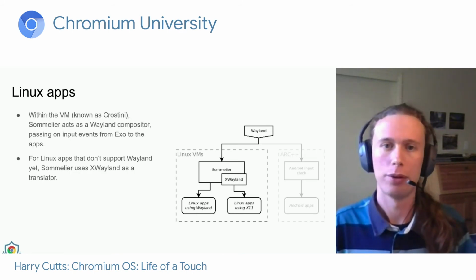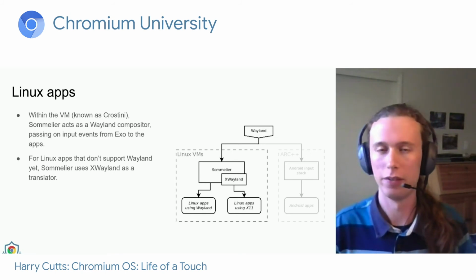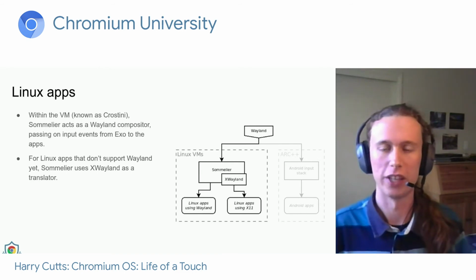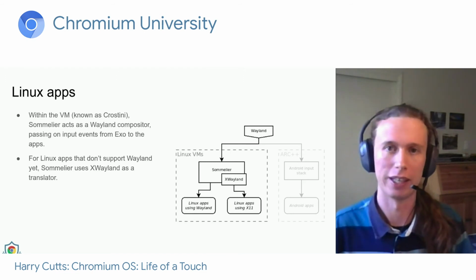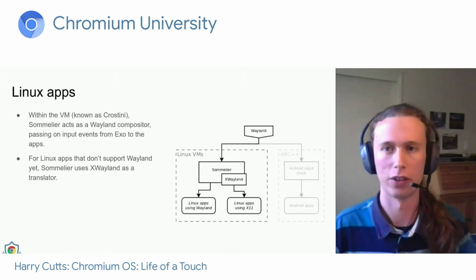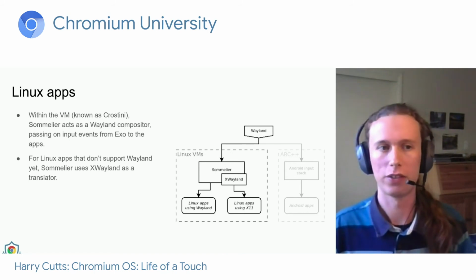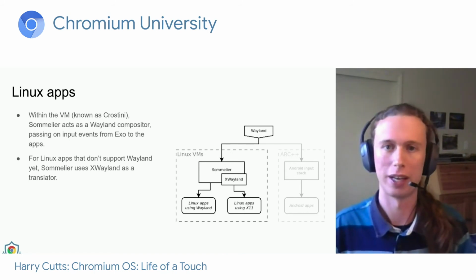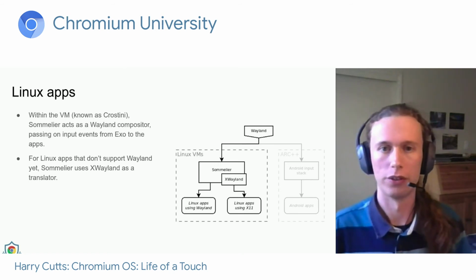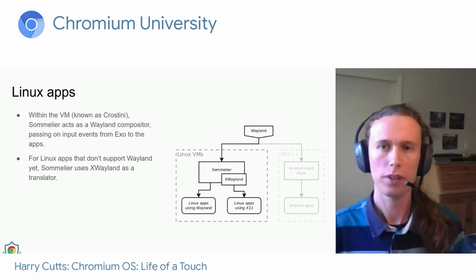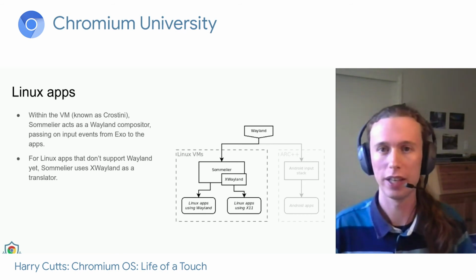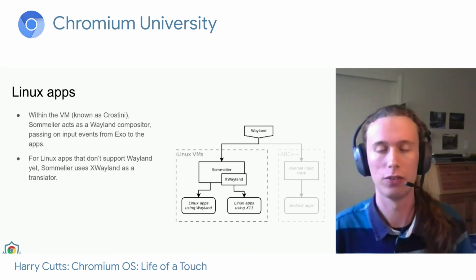If that's a Linux app, then it's running in a VM, Crostini, and there is a component within the VM called Sommelier, which the apps running in the VM think of as a Wayland compositor, although really it's just delegating most of its work to Exo. And so our input events go from Exo and into Sommelier, which then sends them on to the app's window. A lot of Linux apps don't actually support Wayland yet, so there's an adapter library called XWayland, and that translates the Wayland events into X for those apps to understand.